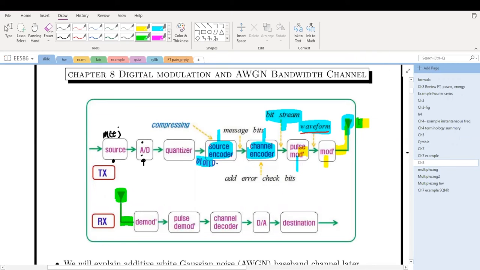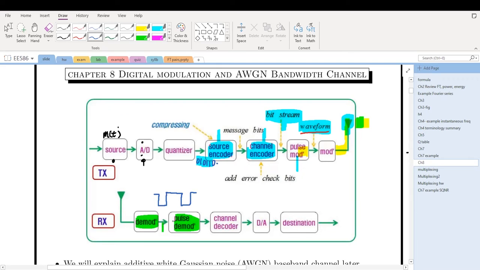What is transmitted here, we receive at the receiver without any distortions, which means the channel is ideal. Because the signal is transmitted at the high frequency band, we need to perform demodulation to bring the signal into the baseband. And then we apply pulse demodulation.